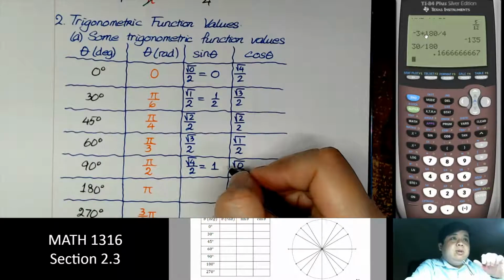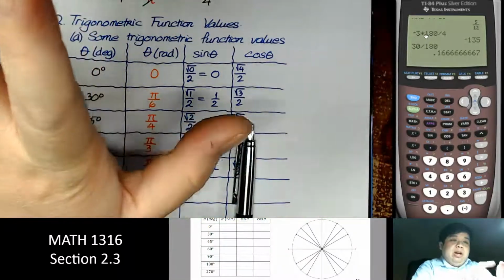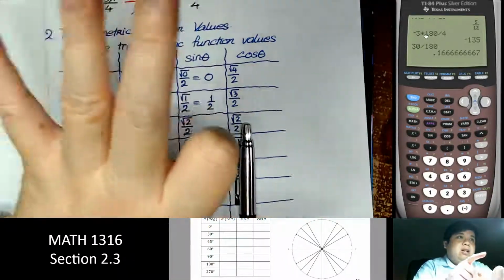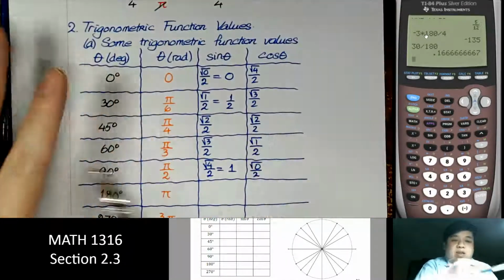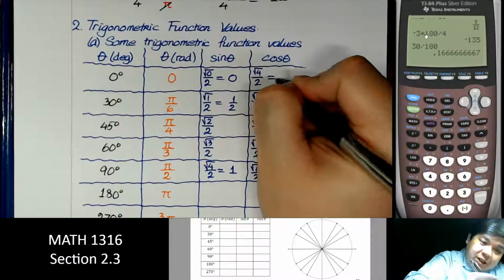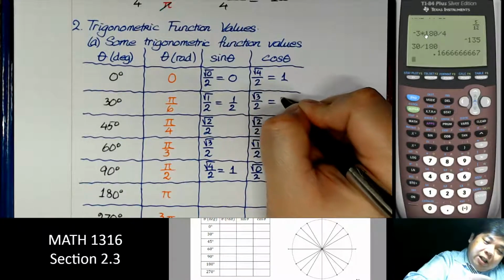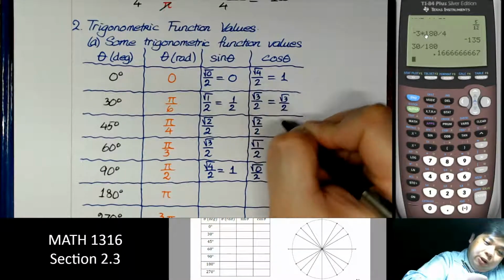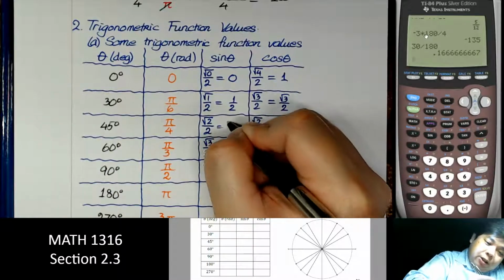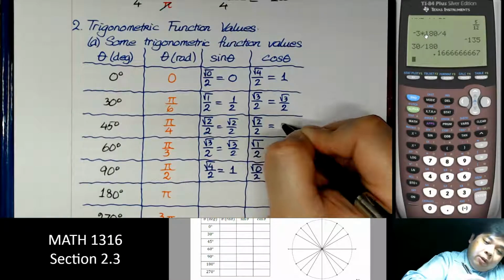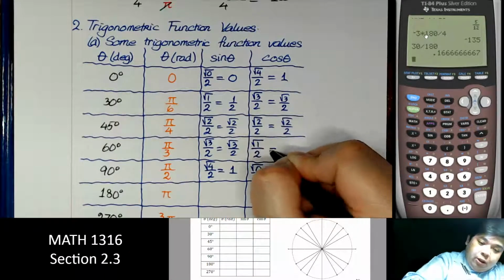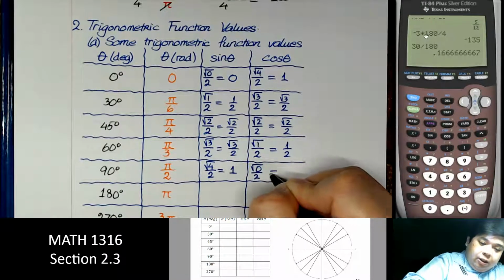So sine is the finger on the right, 0, 1, 2, 3, and 4. And cosine is the other opposite. So 1, square root 3 over 2, square root 2 over 2, 1/2, and 0.